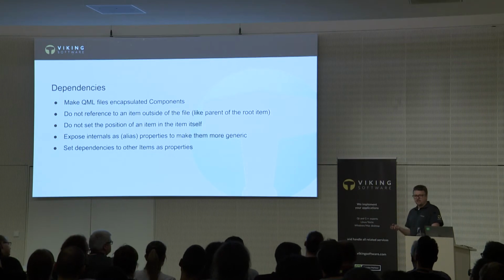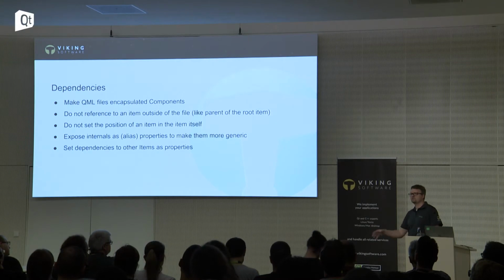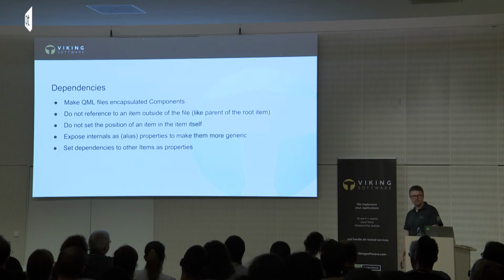Quite often you reference the parent of your root item, so you assume you know who is using your item. This is an assumption you shouldn't make. Just provide a property that's set from outside, as the one using your component knows more about what's going on.